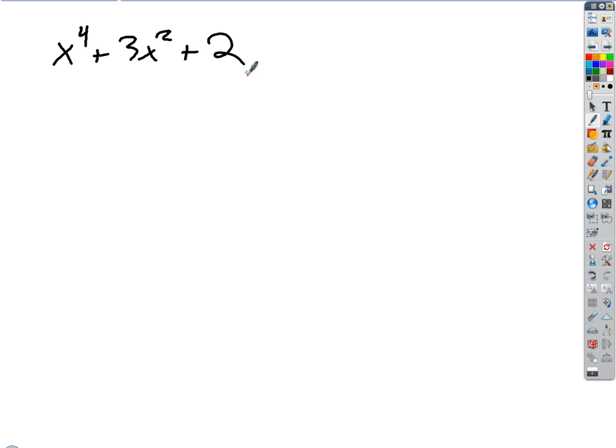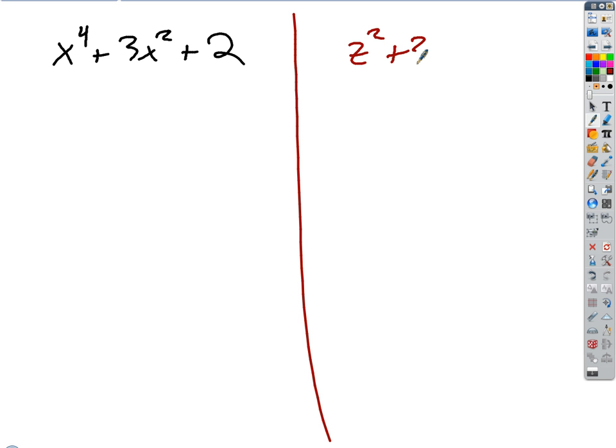Now, last chapter, we would have done a problem just like this. Let's separate the board here. This is chapter 6 on the left, chapter 5 on the right. Maybe instead of x's, so we don't confuse ourselves, let's call z the variable. But this would have looked something like z squared plus 3z plus 2, wouldn't it?